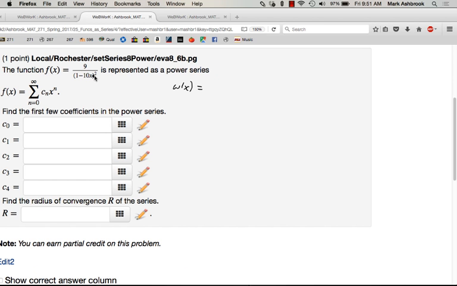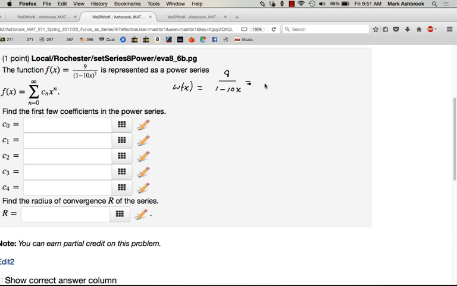Yeah, so the problem here is this whole denominator is squared. So if I just had 9 over 1 minus 10x, I could do that easily. So let's do that and then see what we can do to w to reproduce f, okay?